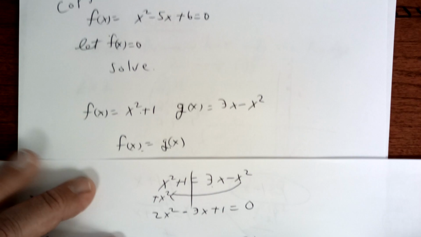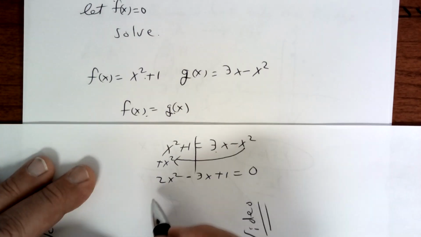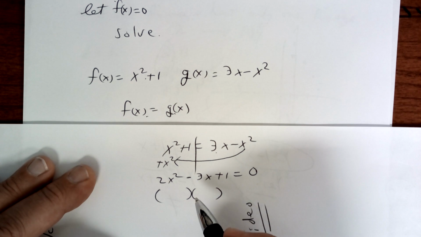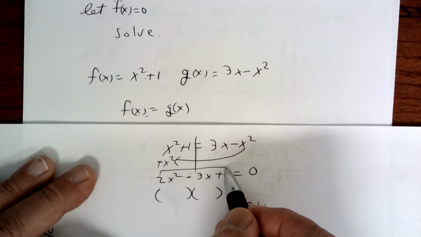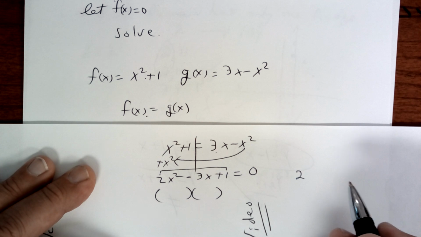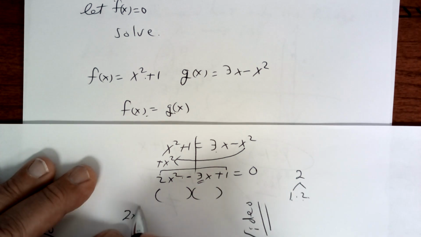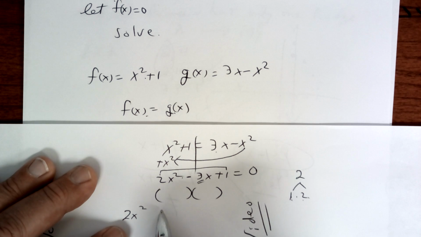And then at this point, you have to try to factor it or use the quadratic equation. Remember, this one's going to be a little more complicated because you got to do 2 times 1, which equals 2, and then you got to look for factors that give you 3. So this is going to be 1 times 2 adds up to give you 3. Remember how you had to do the 1x and 2x, and they both have to be negatives.